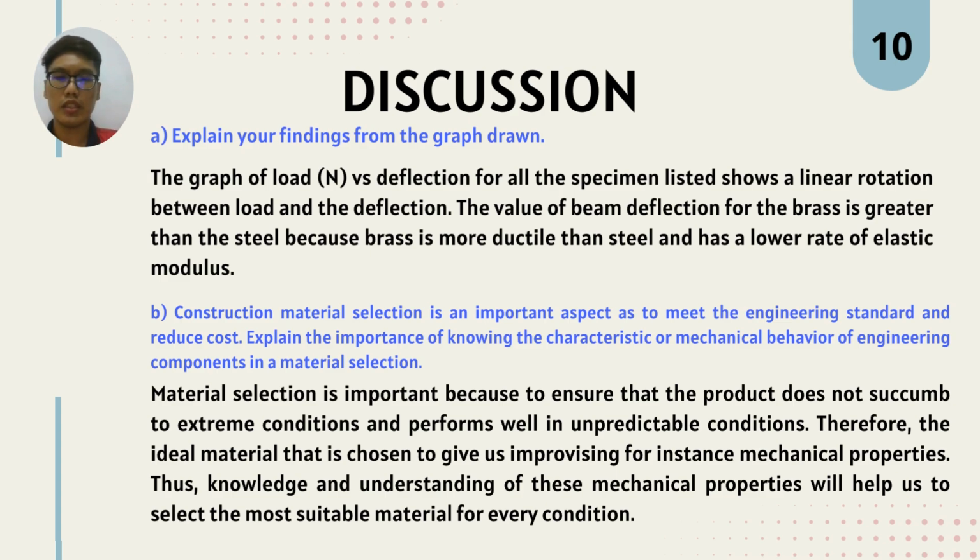Material selection is important to ensure that the product does not succumb to extreme conditions and performs well in unpredictable conditions. Thus, knowledge and an understanding of these mechanical properties will help us to select the most suitable material for every condition.